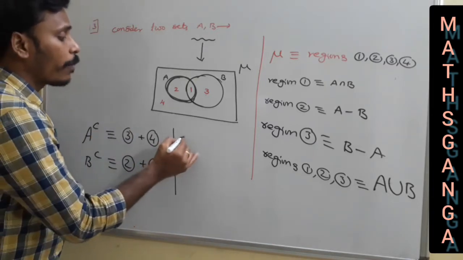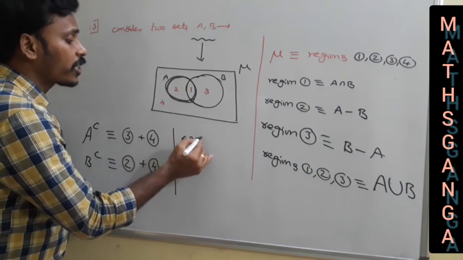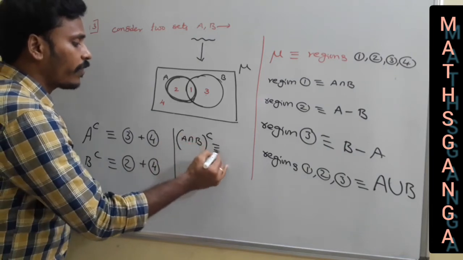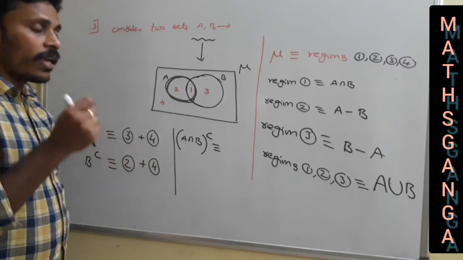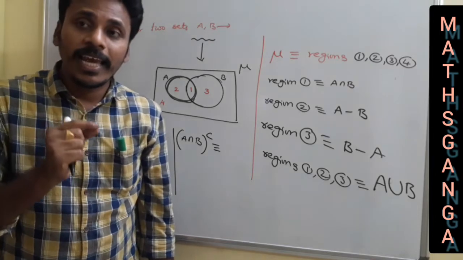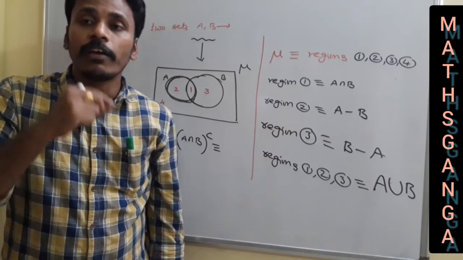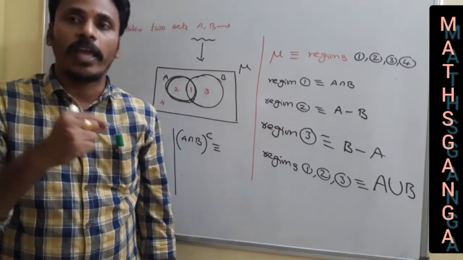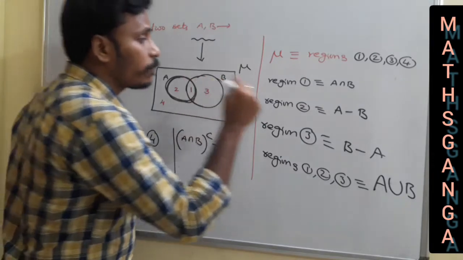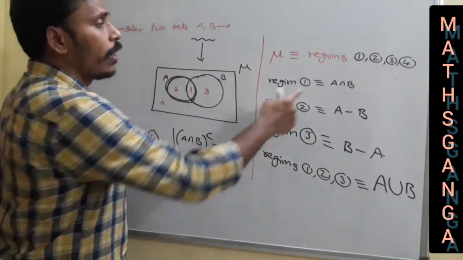Then think about A intersection B whole complement. I think it is clear. A intersection B means the region or the elements which are common to both A and B. Here A intersection B is represented by region 1.